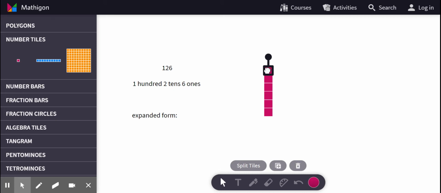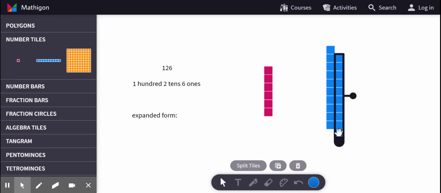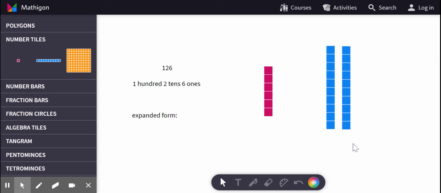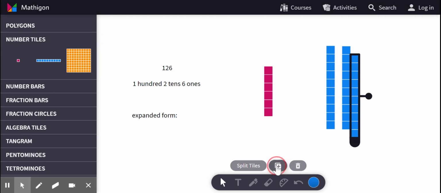Okay, there we go. Now I have two tens, so I could draw two 10 sticks, just like we've been doing, right? Okay. But how do I draw 100? Do I want to do a bunch of 10 sticks all the way to 100? I could. Let's see what happens.